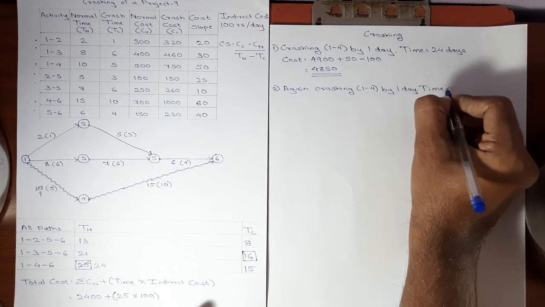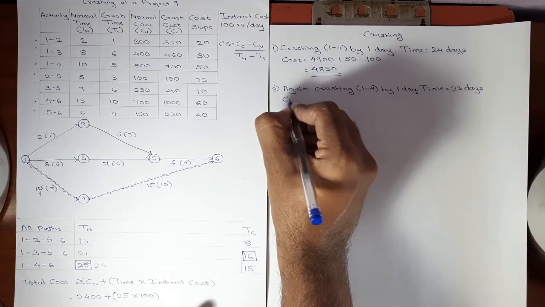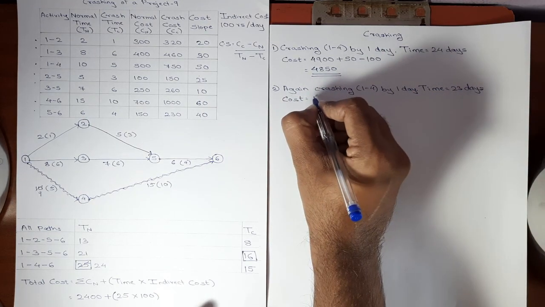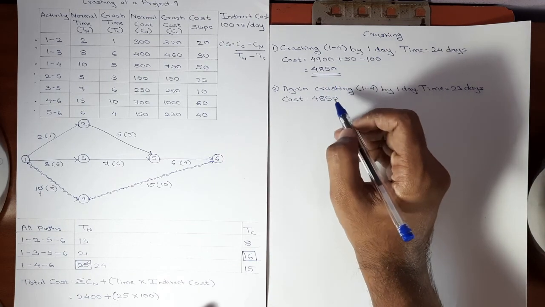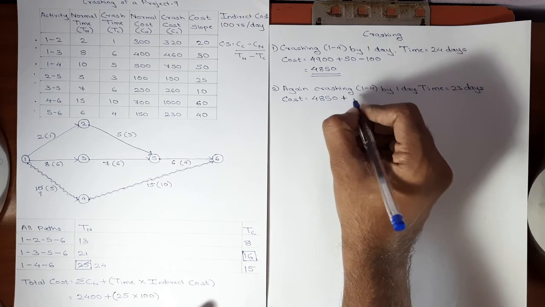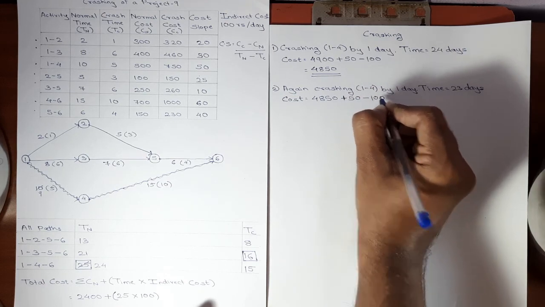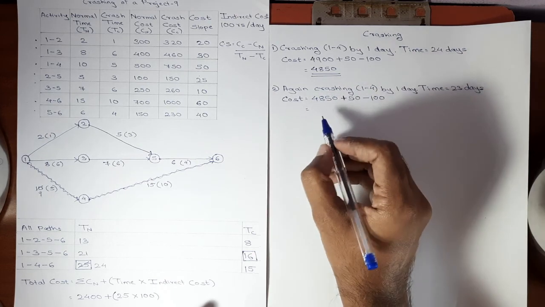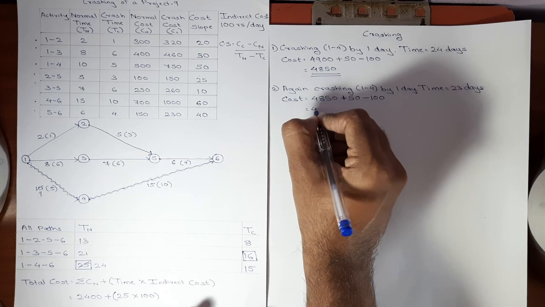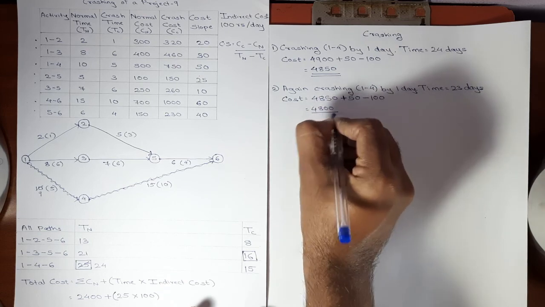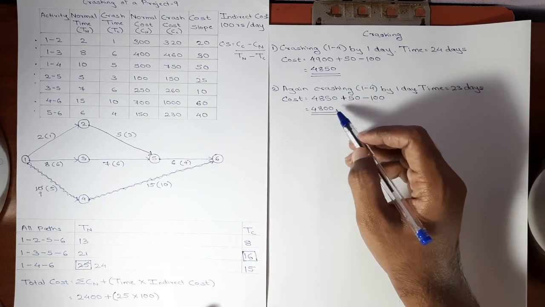Now the time will be 23 days and the corresponding cost will be the total cost, which will now be 4,850, plus cost slope of activity 1, 4 which is 50, minus indirect cost of 1 day which is 100. Here we get the answer as 4,800. Again the cost is reduced from 4,850 to 4,800.